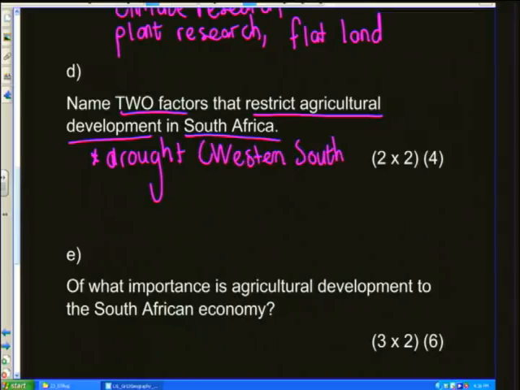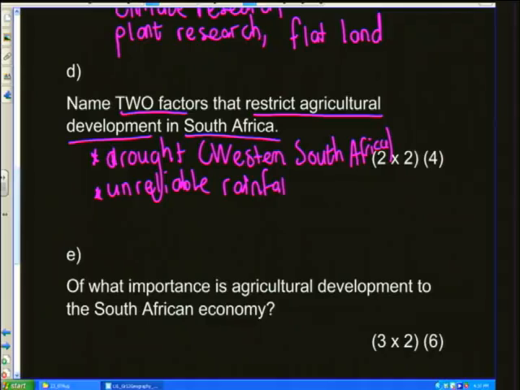Especially areas like the Northern Cape, for example. You can say we have unreliable rainfall. You can also mention the overuse of soil as well. We've exploited it, so that means we can't get enough yield from it anymore.